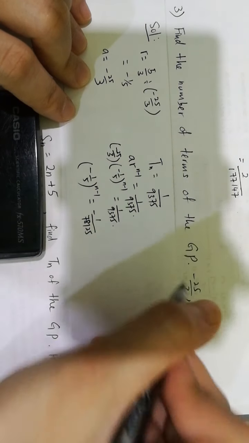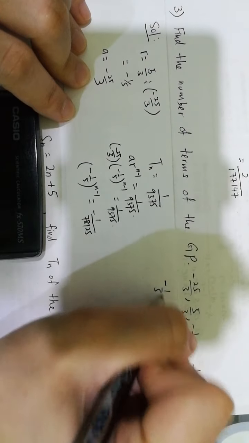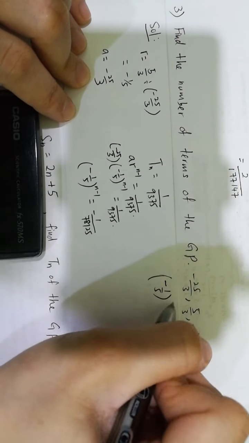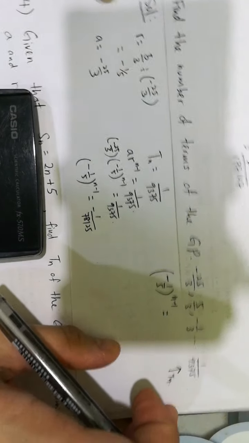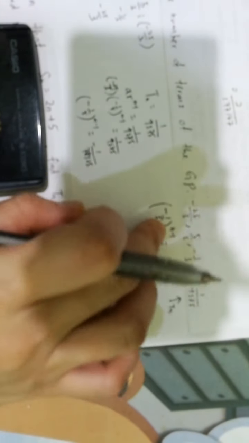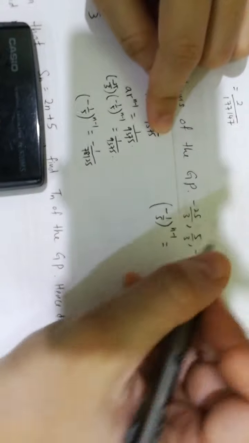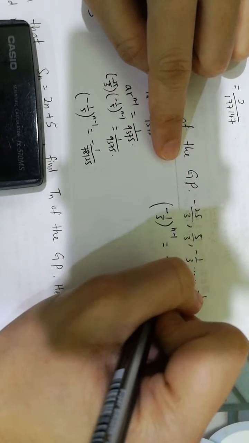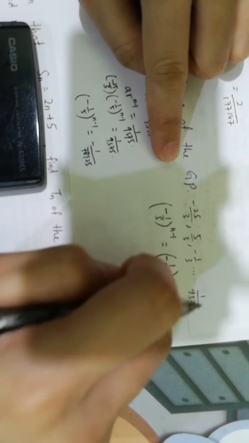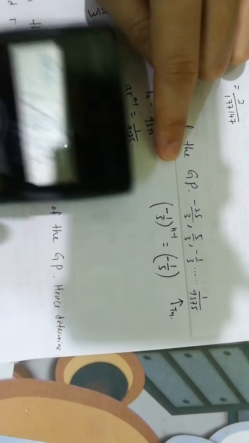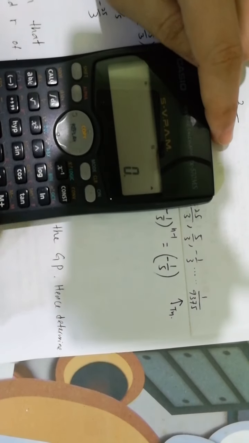Because we see here I have this power of n minus 1. If we remember the law of indexes, either I have the same base and then I compare the index, or I have the same index and compare the base. So from here I have to make it the same base. So what is 5 power what to get 78125?